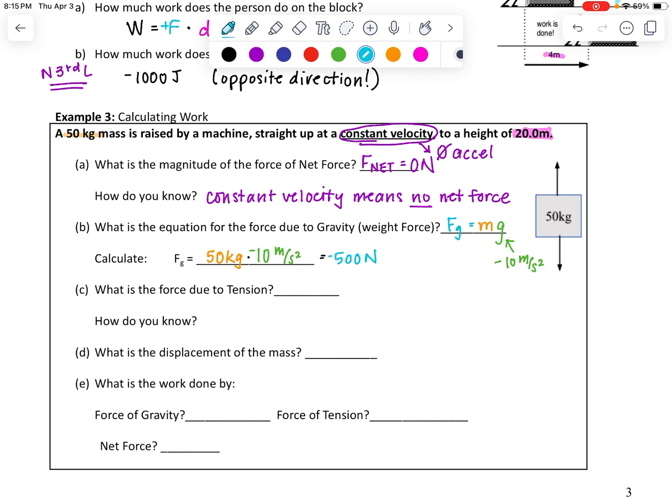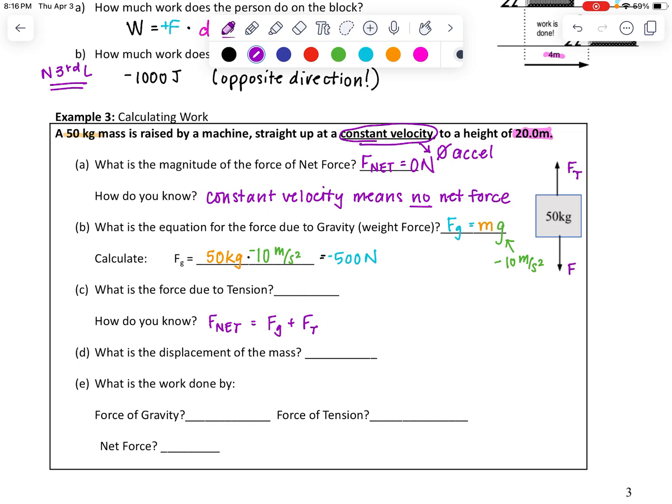Then what we'll see is, it says, what is the force due to tension? Well, if gravity is negative 500, and we know that F net is equal to Fg plus Ft. If we were to draw a free body diagram, that's what we're drawing. This being lifted up is Ft.